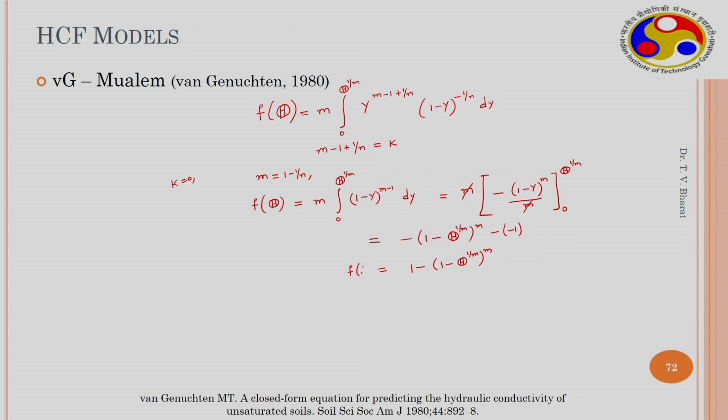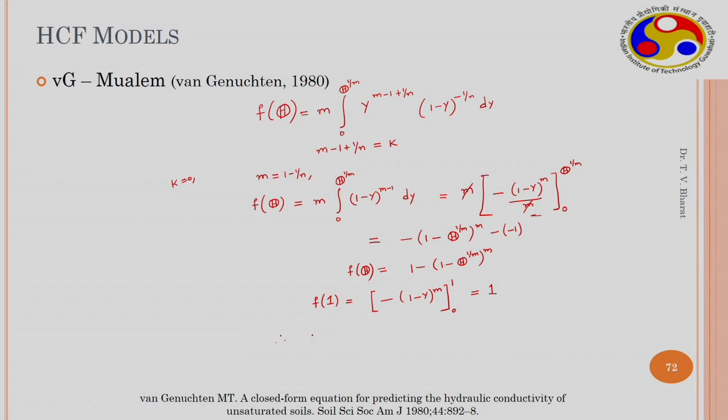So, this is f of uppercase theta. Now, f of 1 is the same thing, that is from here minus 1 minus y power m, the limits are 0 to 1. When you substitute, this is 0, then minus, when you substitute the 0, this is minus 1. So, minus of minus 1 is 1.